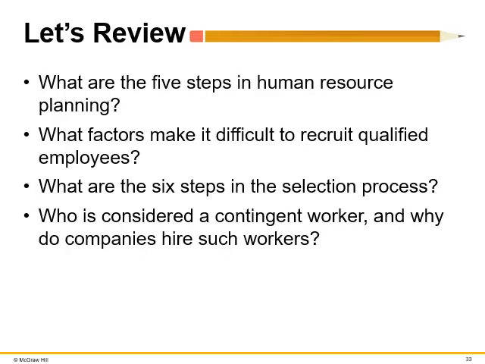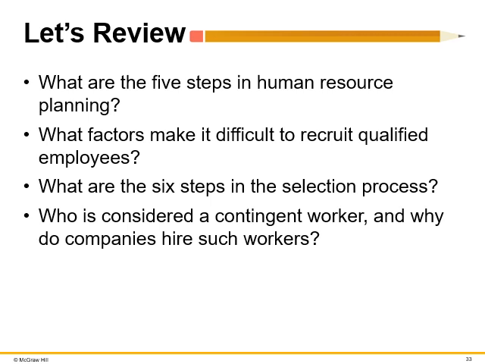Let's review. The 5 steps in human resource planning are: 1, planning a human resource inventory of the organization's employees; 2, preparing a job analysis; 3, assessing future human resource demand; 4, assessing future labor supply; and finally, 5, establishing a strategic plan.